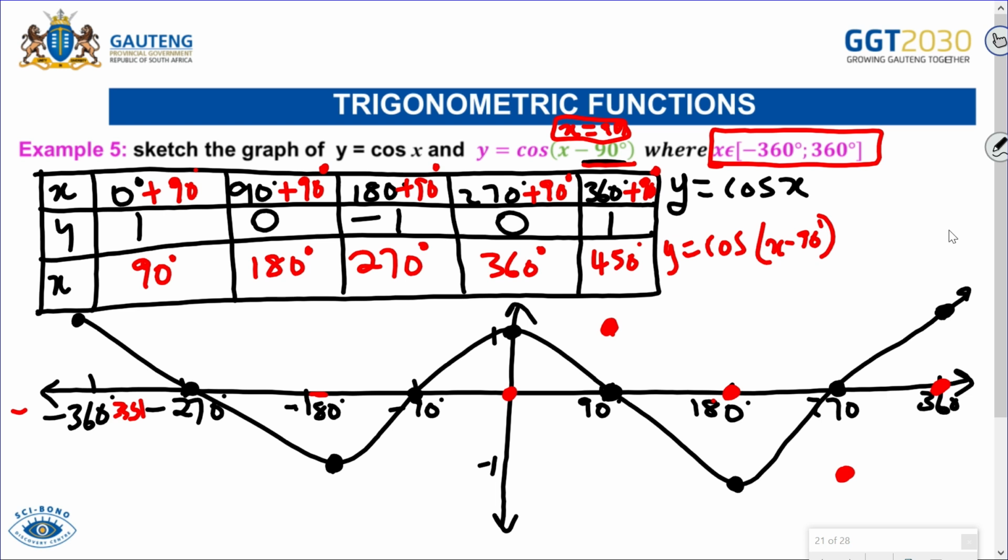And then at negative 360, so I'll have a point that starts here. And then at negative 270, I'll have positive 1, it's going to go up there, and then here I'll have my point, and then at 90 I'll have my point here.